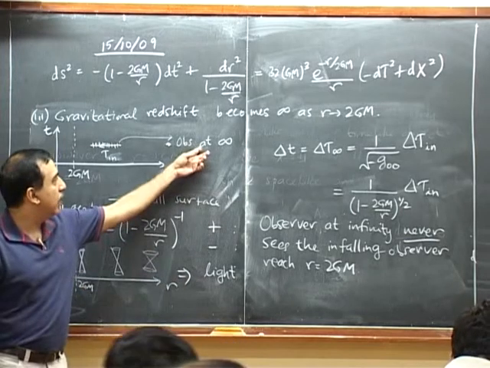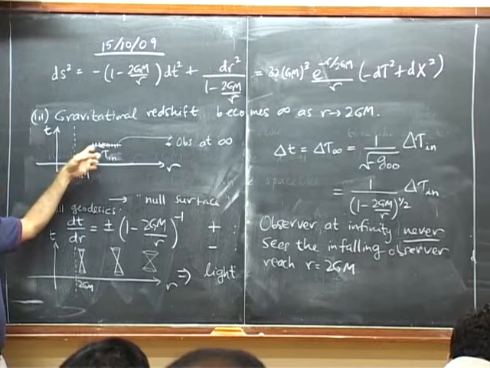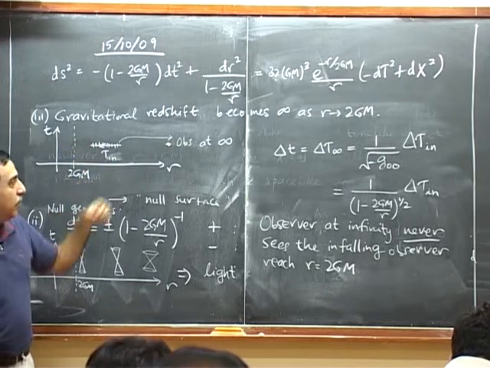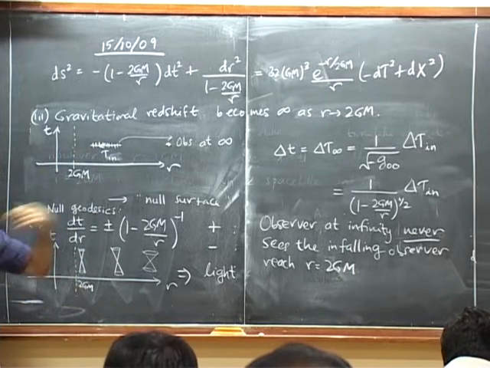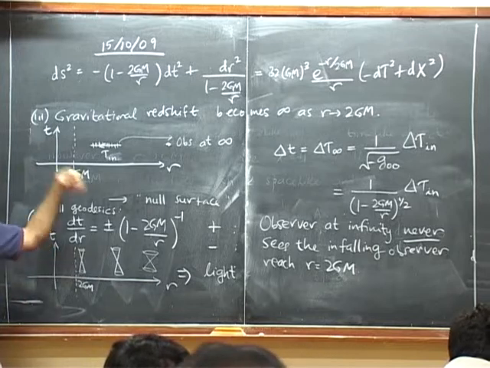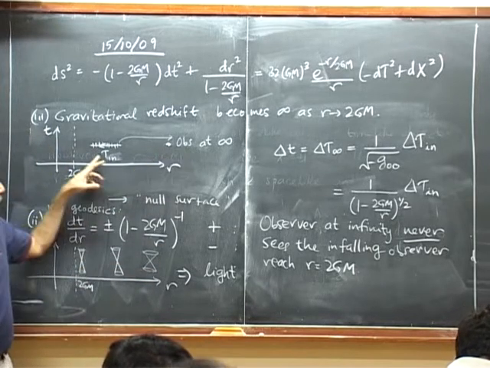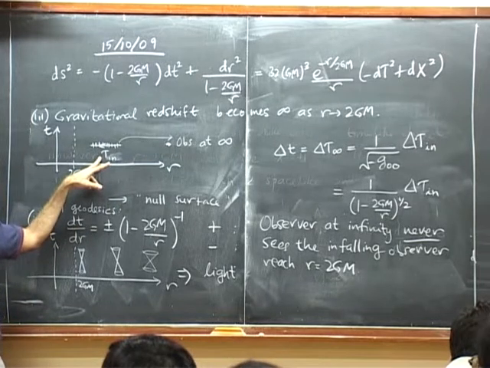Namely, this person is saying, okay, this fellow took 1 hour to get 1 kilometer closer to r equals 2GM. But next day wakes up and says, oh, now he's taken 2 hours to get another kilometer closer. Next day he's taken 4 hours to get still closer. So this person is saying, oh my God, this fellow is going slower and just dragging out the whole thing.